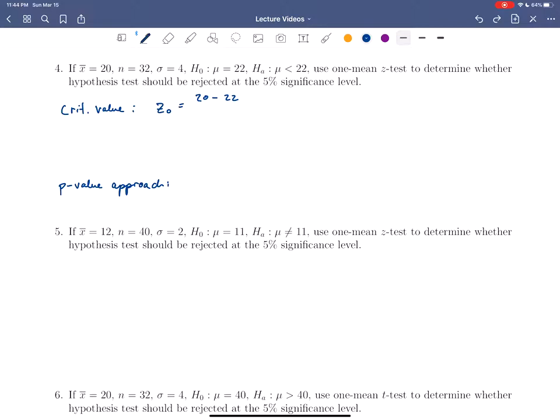So 20 minus 22 over sigma, that should be a 4, divided by 4 divided by square root of n, and our n is 32. When we type this in, I'm just going to use R as a calculator, we get that z naught is negative 2.82. I guess let's go to 3 decimal places here, negative 2.828.